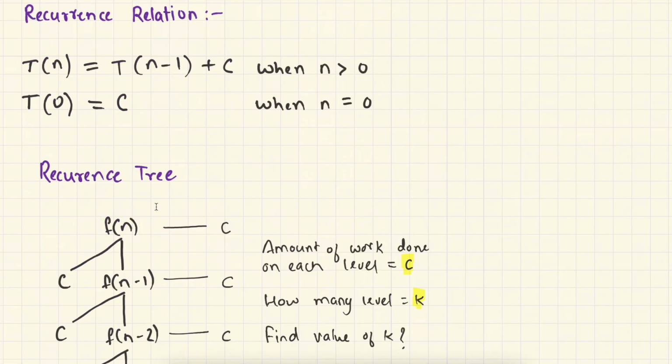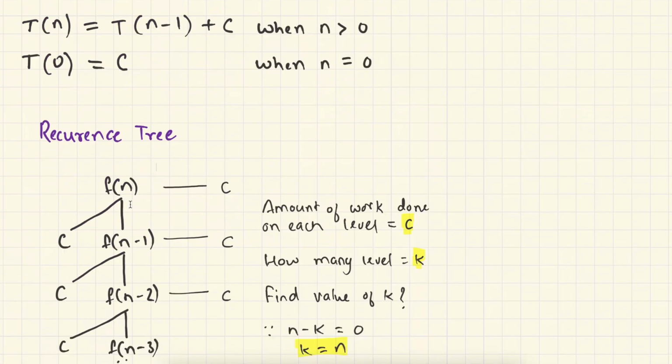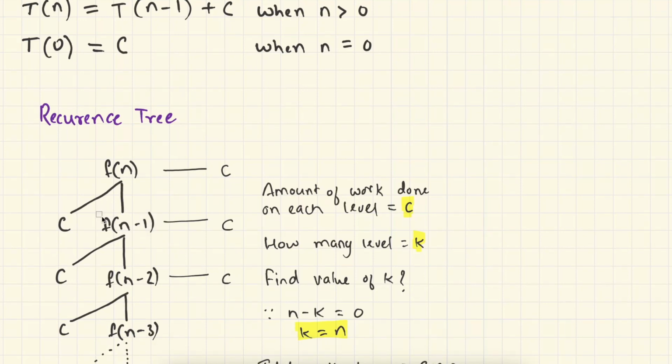In the recurrence tree we do the same thing. This function does a constant amount of work, and then it makes a call to itself by reducing n by 1. Clear? As it is a recursive function, f of n-1 is again going to make a recursive call, and along with it, it does the constant work. So we draw it like this.